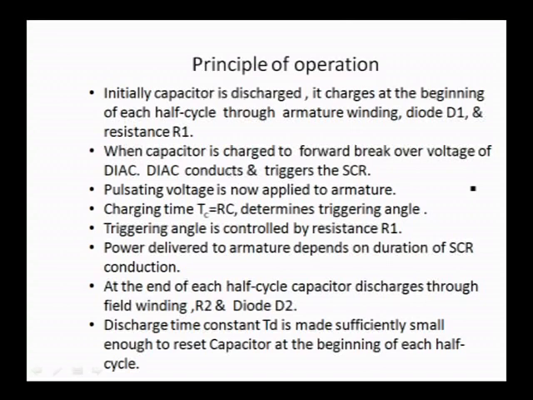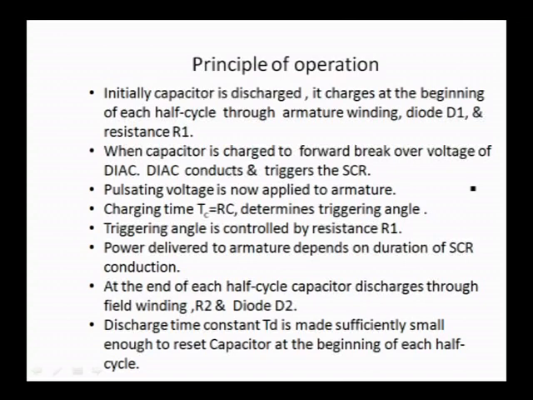The power delivered to the armature depends on how long the SCR is conducting, that is, on the conducting angle of the SCR. The longer the duration, the more power is delivered to the load, and the firing angle will be small. If the firing angle is large, the power delivered will be less, as less voltage is applied.